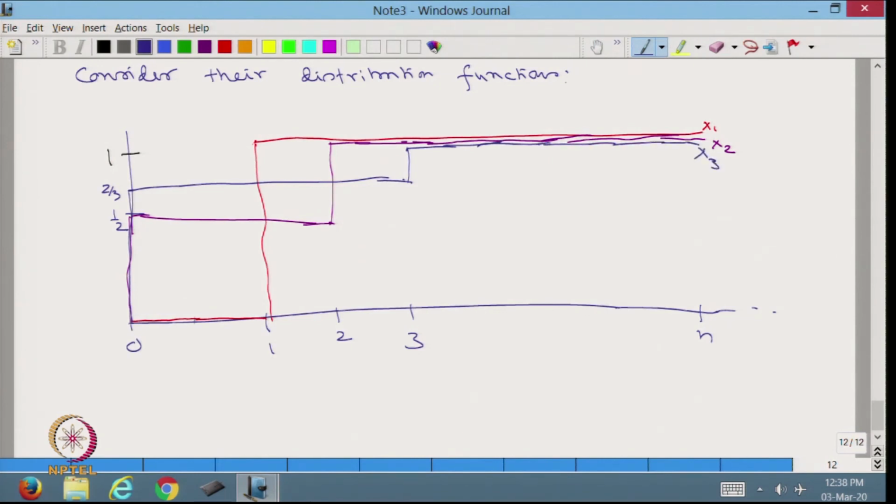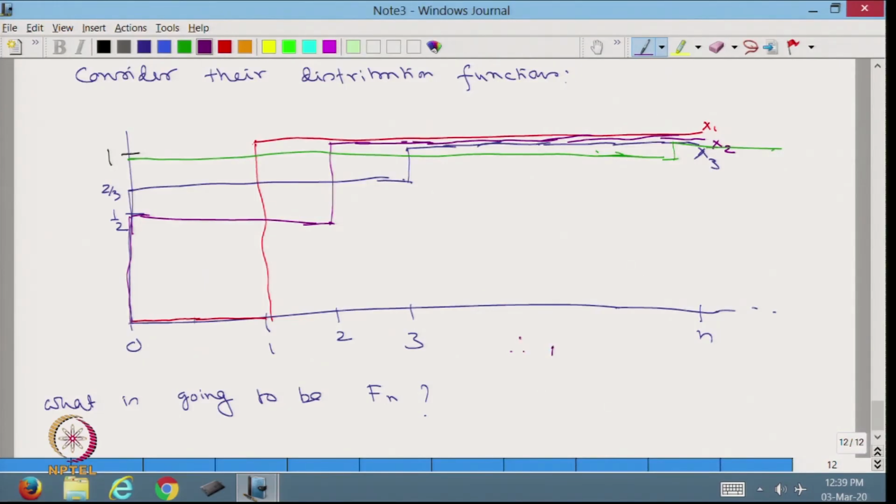Therefore, what is going to happen? We can understand that it will take the value 1 minus 1 by n and go up to n, and then at n it becomes 1.